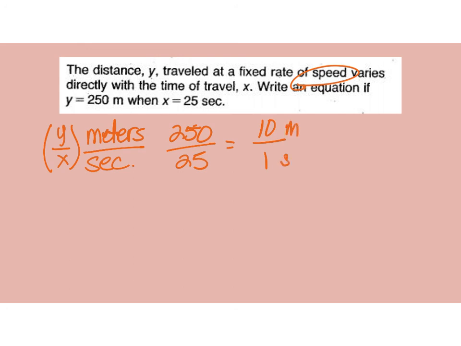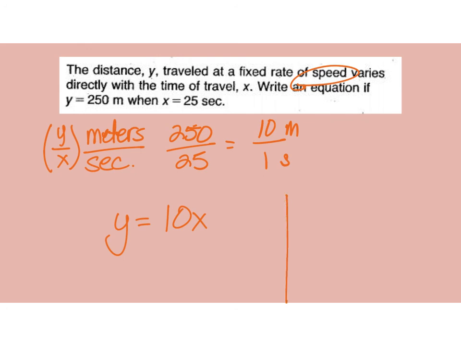Meters per second. Right. So now that we know we're traveling at 10 meters per second, we can write our equation, which is y equals 10x.